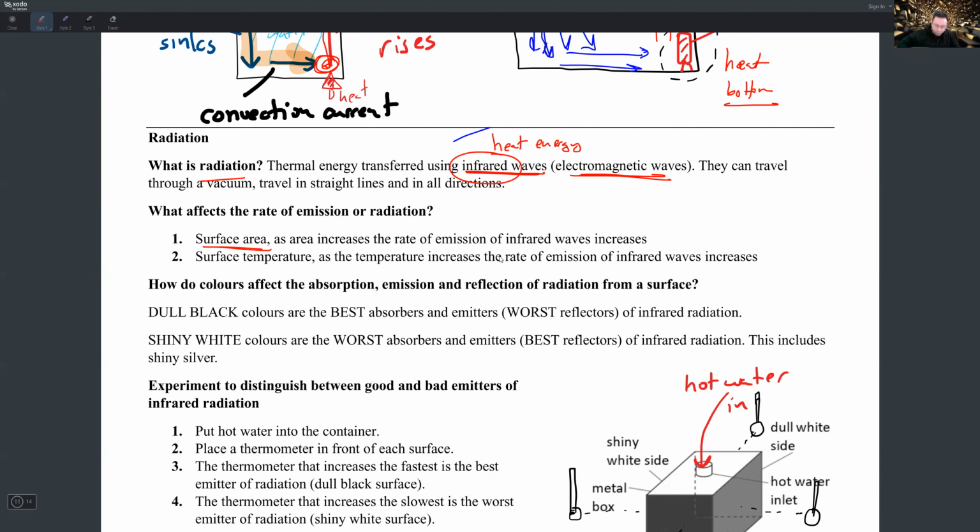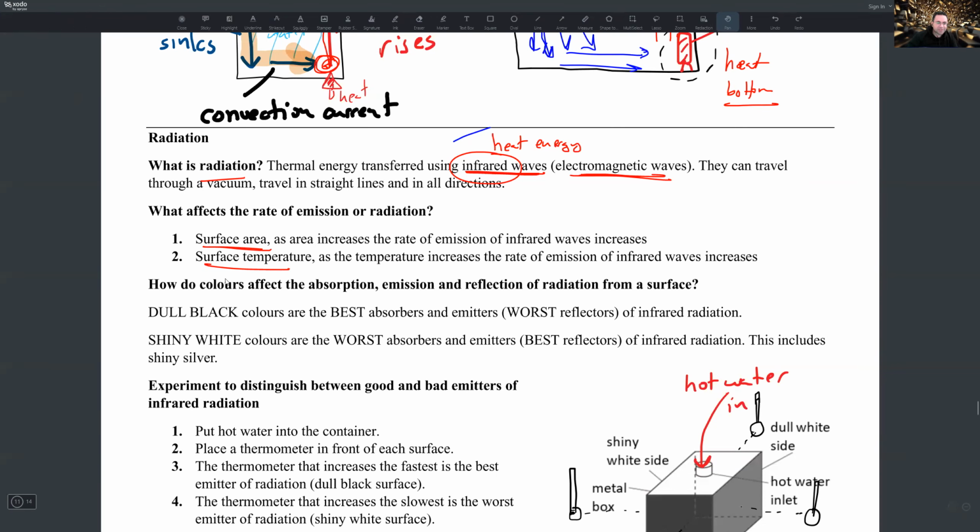Your body temperature could be very hot on the inside, but if your surface temperature is low, هتemit أقل. So if the surface temperature is low, you emit less radiation. If the surface temperature is high, you emit more radiation. ففي كام حاجة بتأثر على radiation؟ اتنين. الاريا كل ما زادت الراديشن زاد، والسيرفيس temperature كل ما زادت الراديشن زاد.